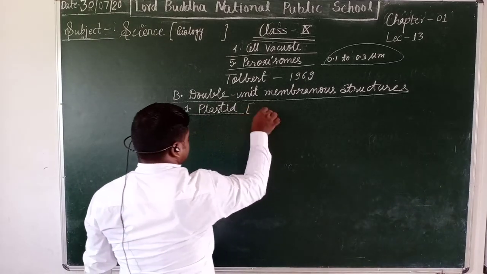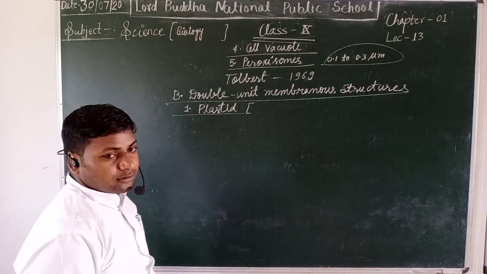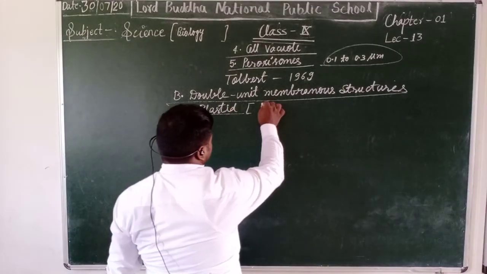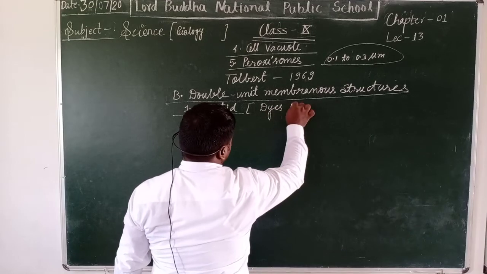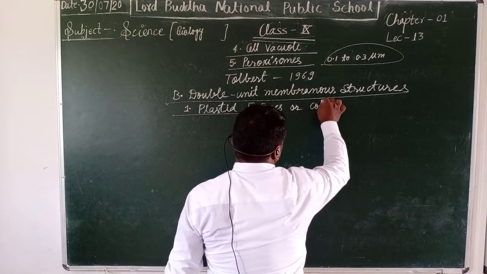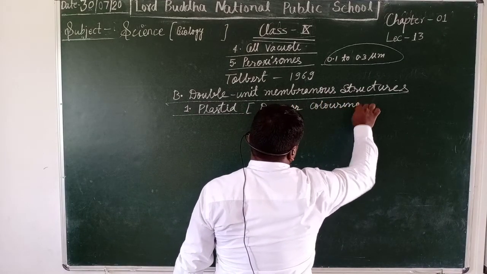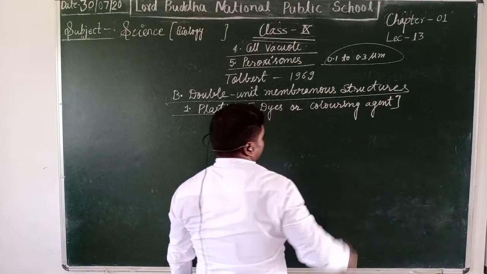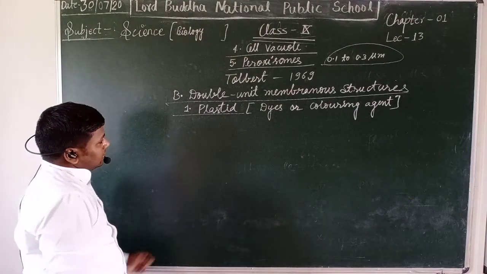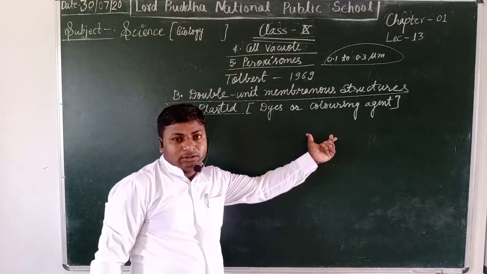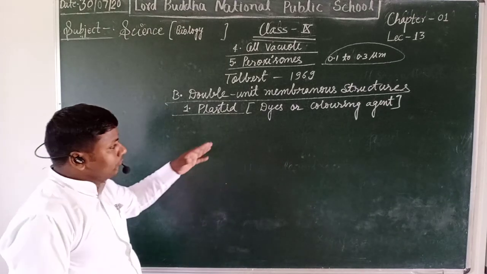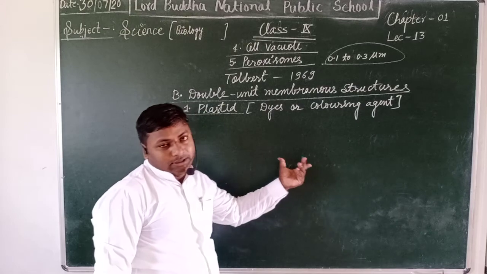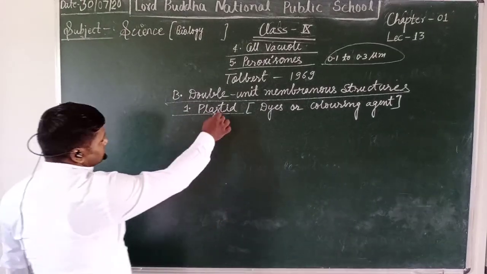Students, the term plastid means dyes or coloring agent. As the name reveals, these are the kind of cell organelles which are mainly known for providing various colors to the parts of the plant body.